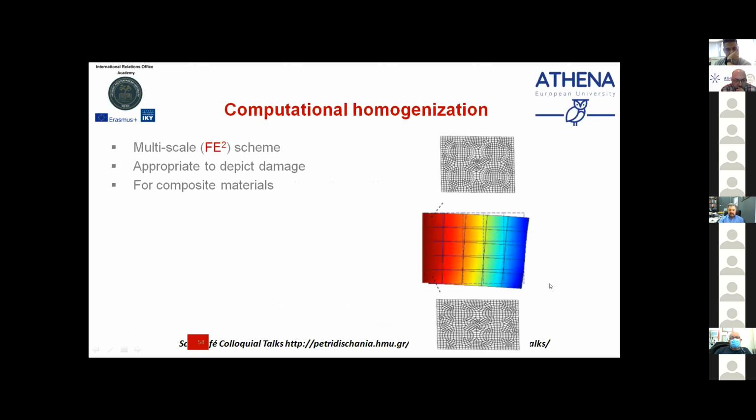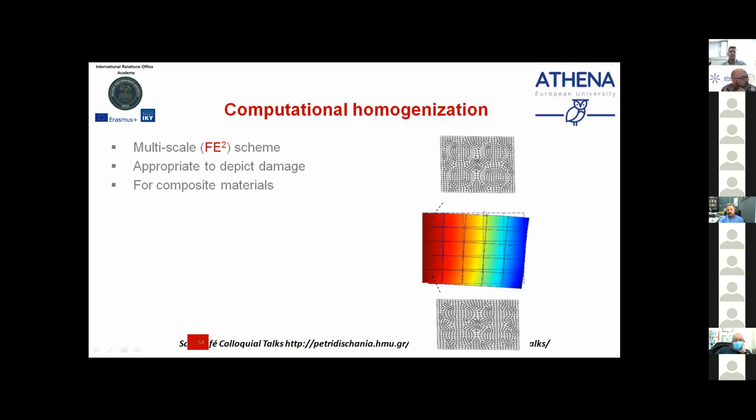Okay, this is an example here, a composite plate with a number of inclusions here. Instead of solving this, for every point, this is the RVE, the representative volume element.